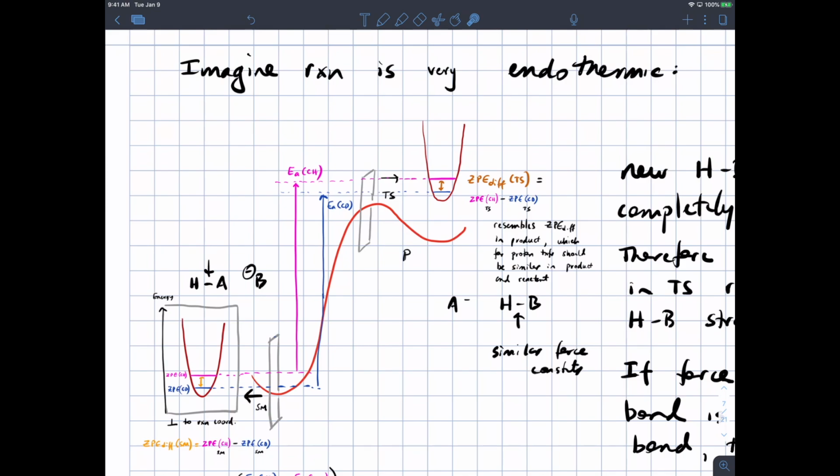Yeah? How can you decide that the product and the reactant have similar force constants? We're pretending that that's the case. This is the example the book gave you, and I had that same question. The question is, how do you know that these two vibrations for starting material and product should have similar force constants? They're presuming that that's the case.